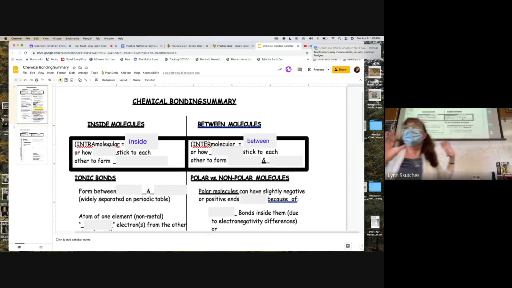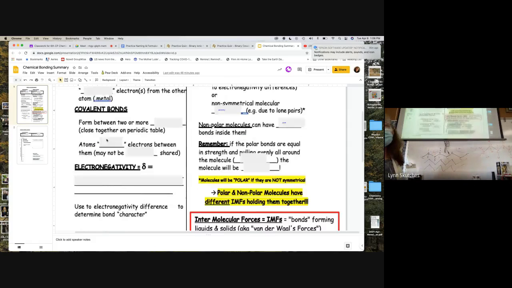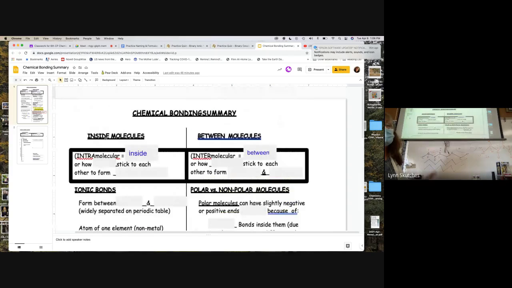But this is just a review of stuff we've already gone over. So intramolecular bonds are the covalent and ionic bonds that you've learned about. Remember, this is how atoms stick together to form compounds.